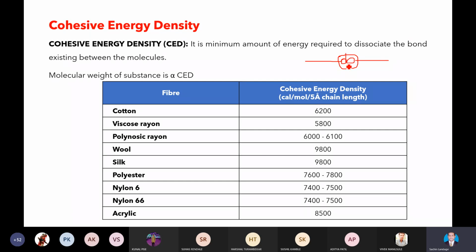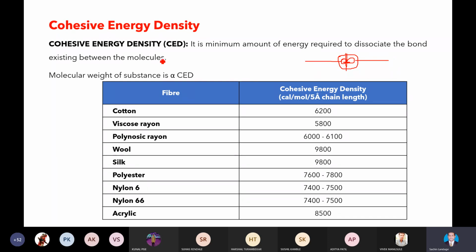The molecules are of different types, so the energy required to break this bond, the minimum quantity, is the cohesive energy density.